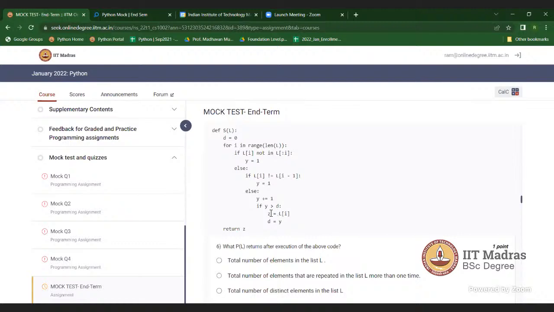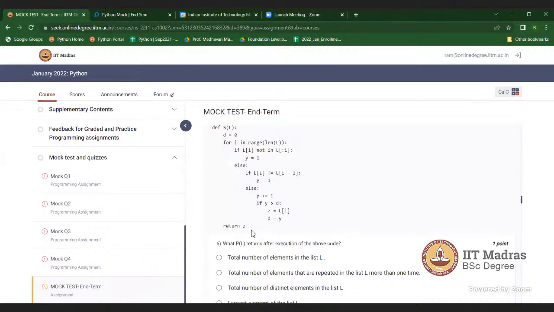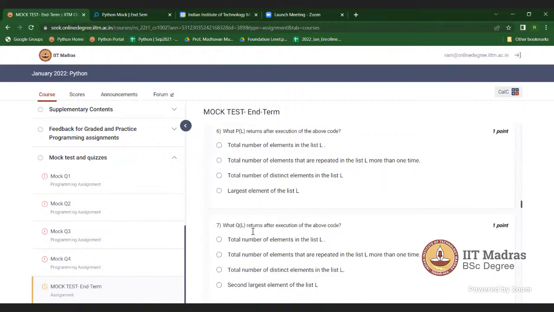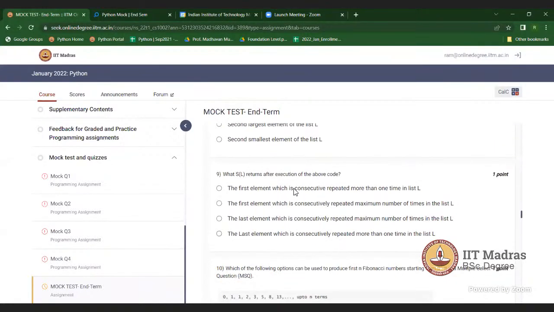If y is greater than d, z equals to L of y and d equals to y, return z.